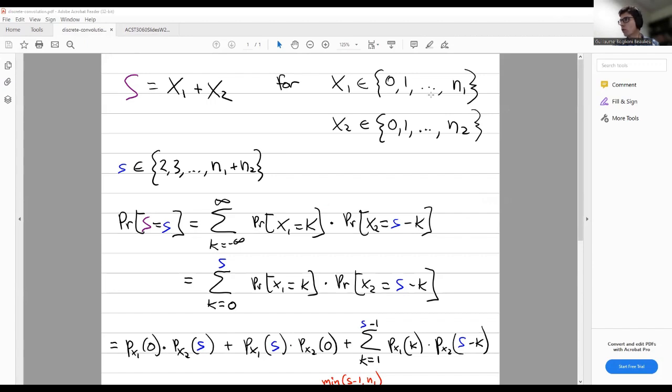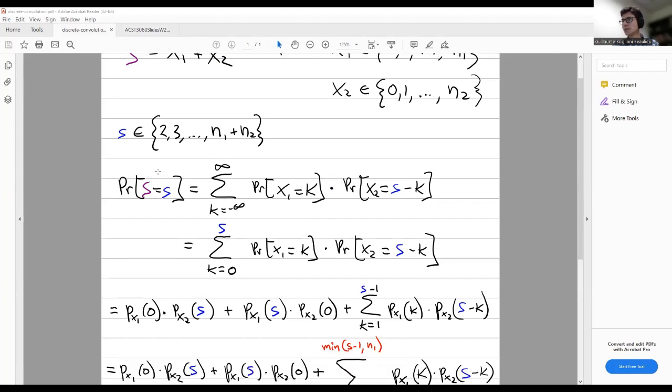X1 takes the values 0, 1 up to n1. X2 takes the values 0, 1 up to n2. Now, I'm going to find the probability S equals every little s here, and little s takes values in 2, 3, 4, and so on, up to n1 plus n2. Yes, because I've already found the cases S equals 0 and S equals 1.